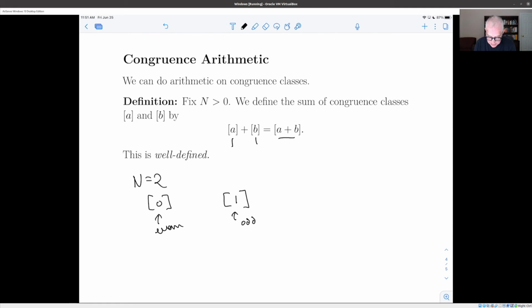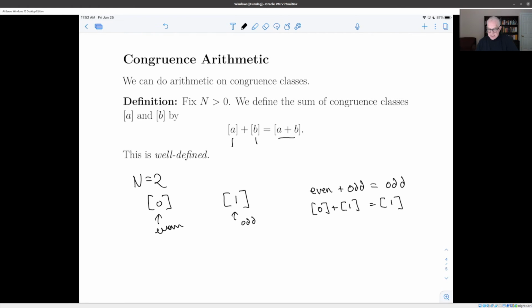If you're one more than a multiple of 2, then you're odd. And if you take any even number and you add any odd number to it, you always get an odd number. And that's what this statement 0 plus 1 equals 1 means.